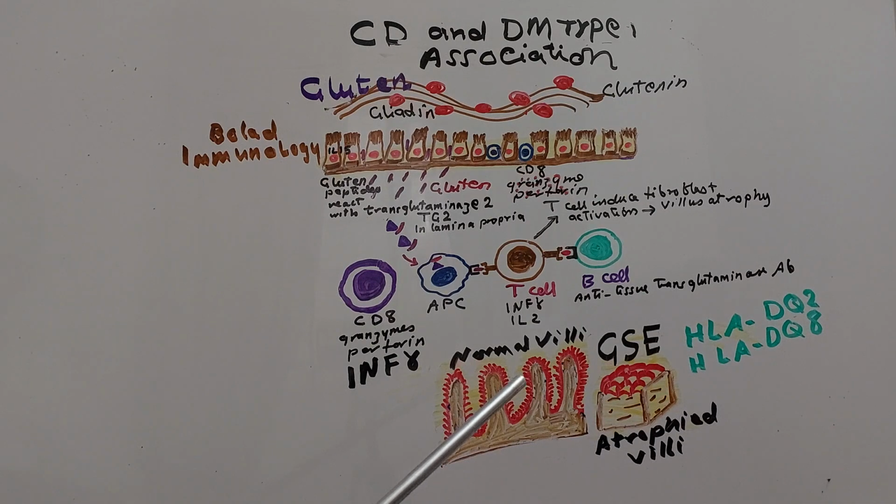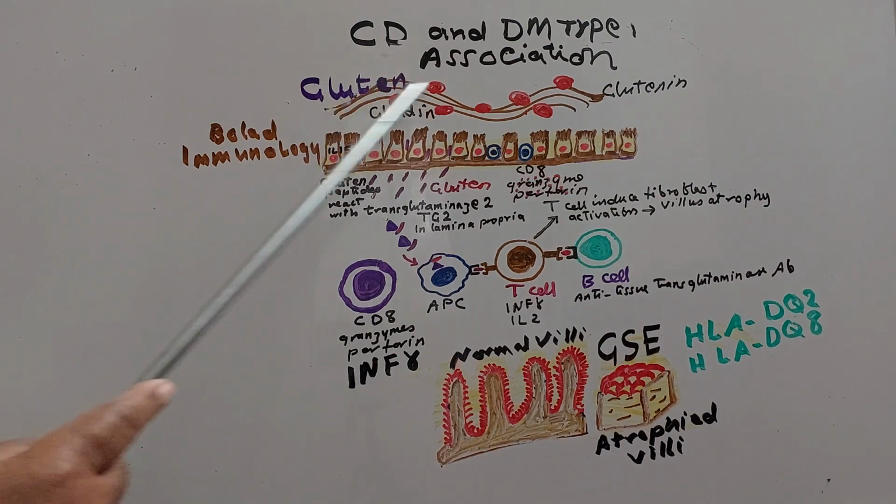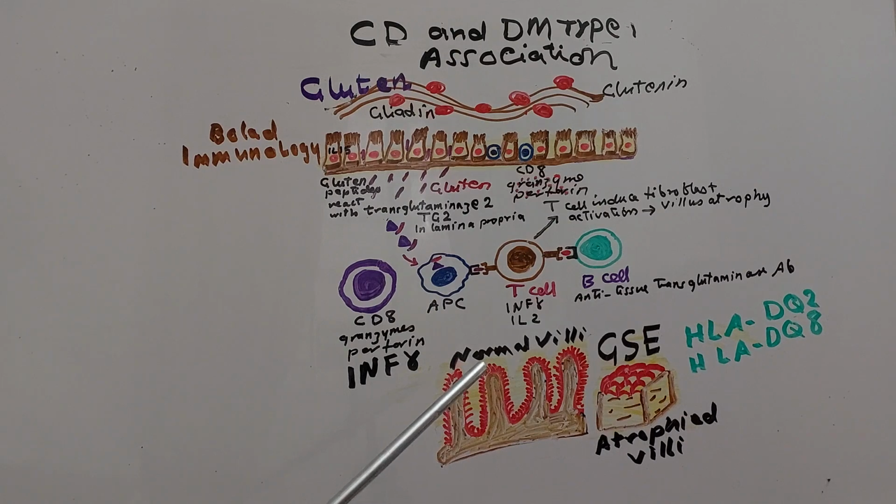in children has been reported in many studies, and it is around 1.3% to 12% of children with diabetes mellitus may suffer from celiac disease.